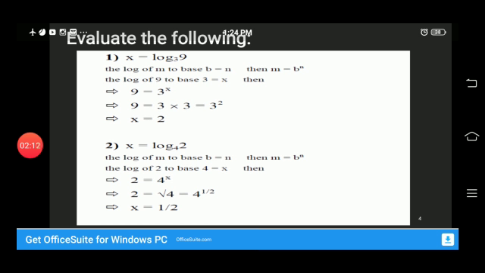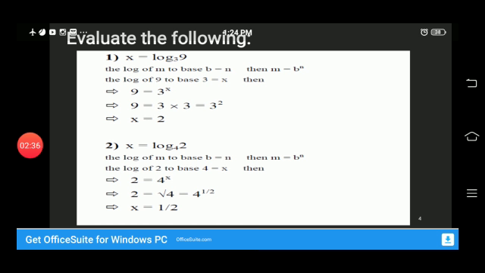So 9 is equal to 3 into 3, which is 3 squared, so x is equal to 2. It means we have to take 2 as the power, so that would be our x.